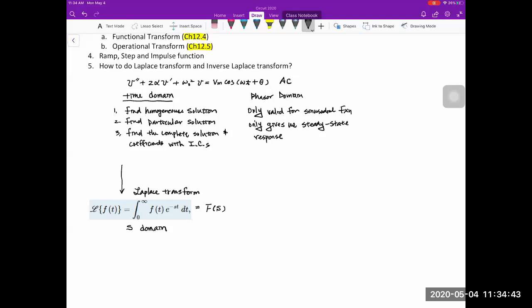Now, once you do the Laplace transform, some of the benefit I'm going to show you is that when you do a Laplace transformation, which we will show you later, when you get into the S domain, your differential equation will become an algebraic equation.